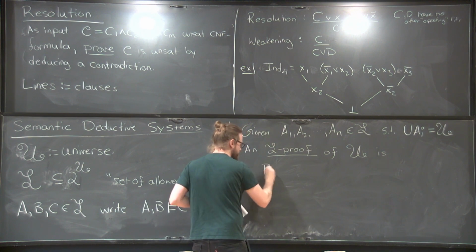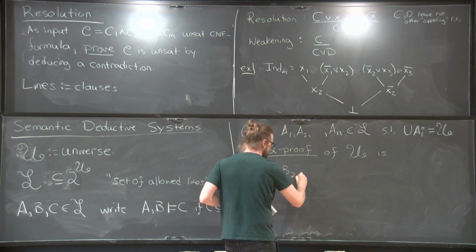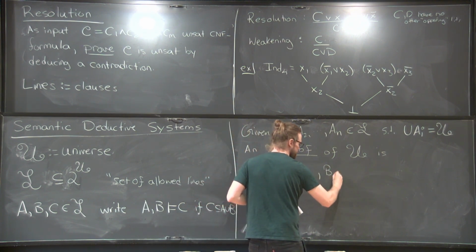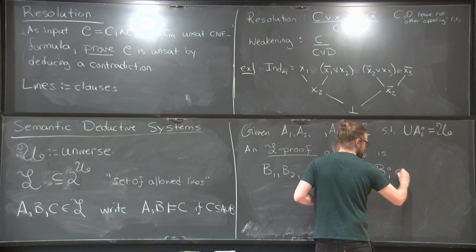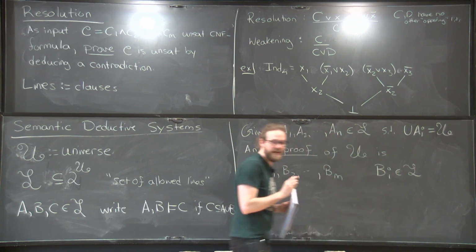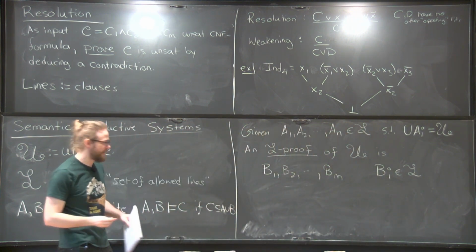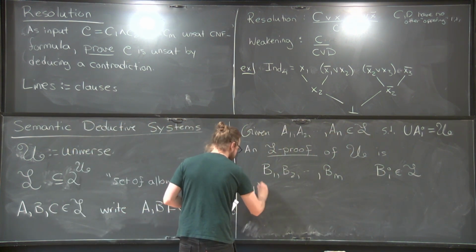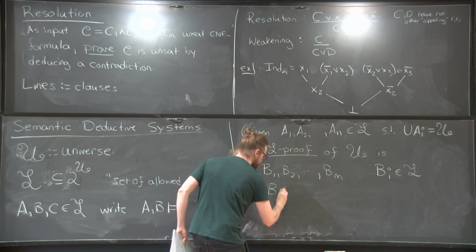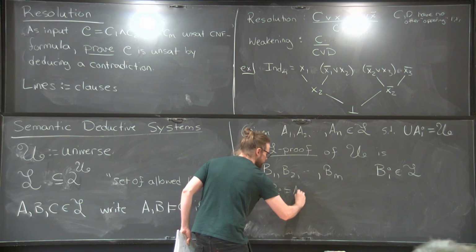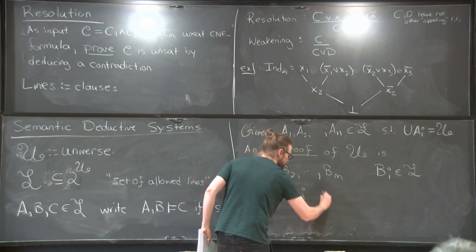is just going to be a sequence of lines. So everything in the sequence will be a line. The first m guys, B sub j, will just be the input axioms.